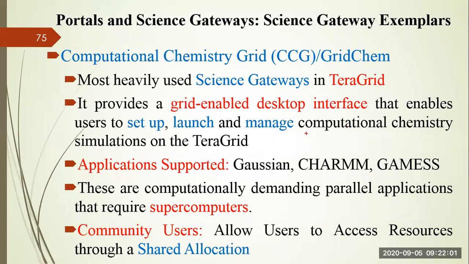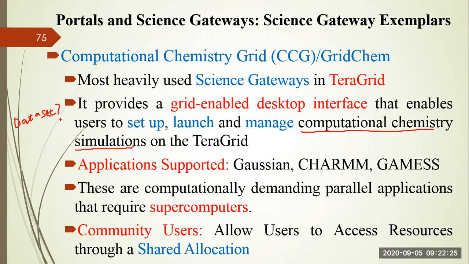Suppose you want to host a computational chemistry simulation. You have studied a lot of simulation in the chemistry lab, and you want to do the same thing with the help of CCG. What is the problem? The first problem is the data set. For any work you want to do, the first thing is your data set, and where will you get it?